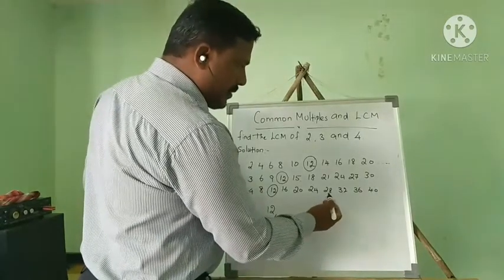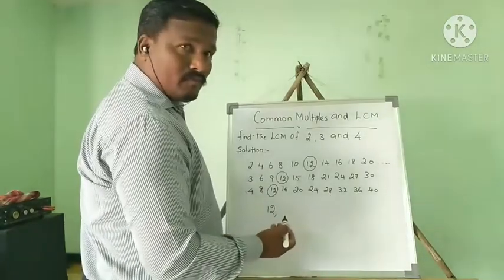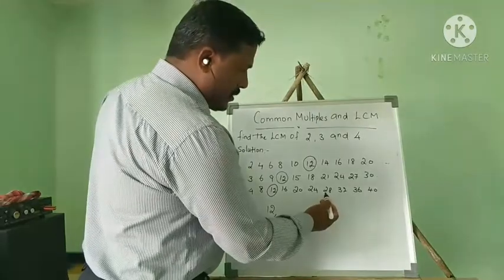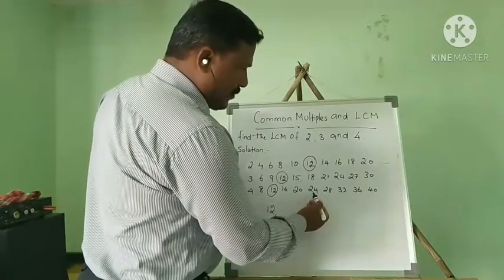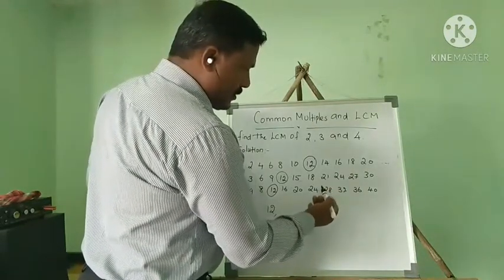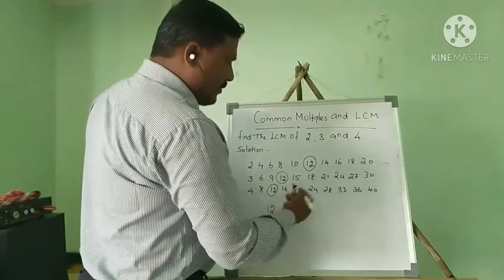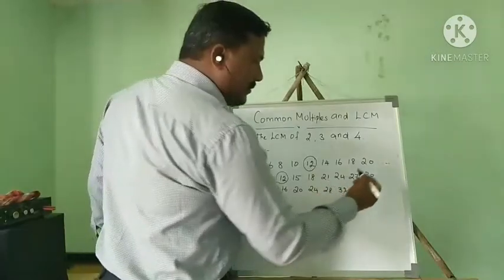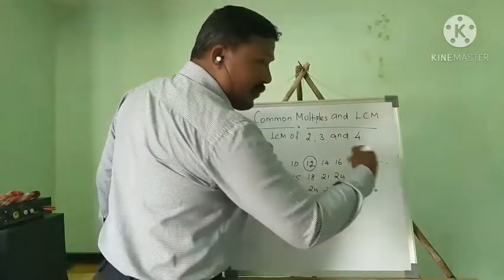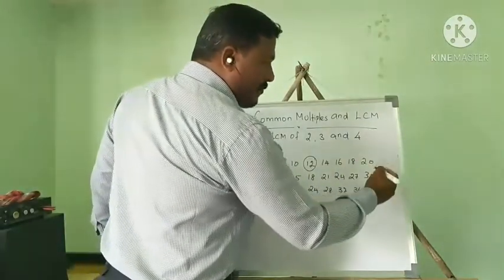Then another common number. 24, not. 16, not. But we want another common number, so we have to extend another multiple.